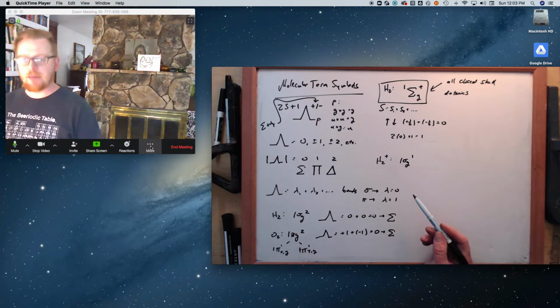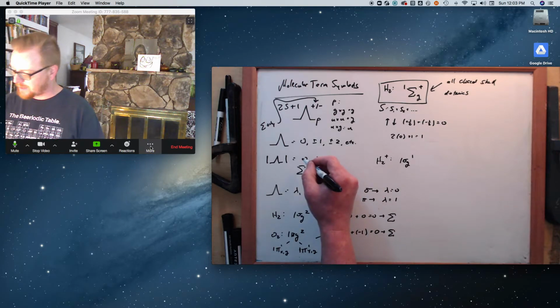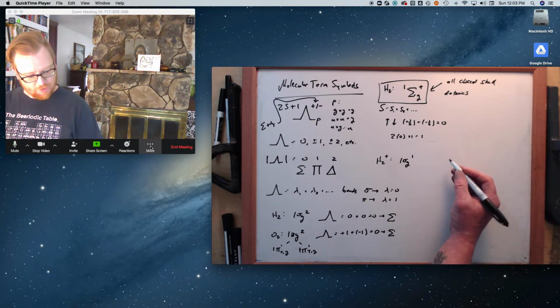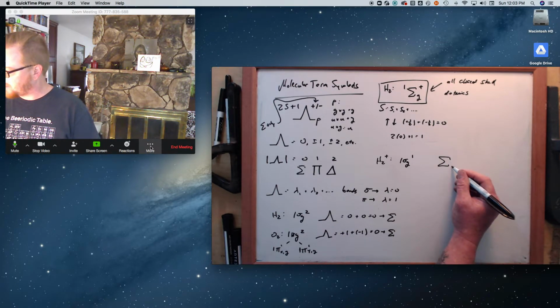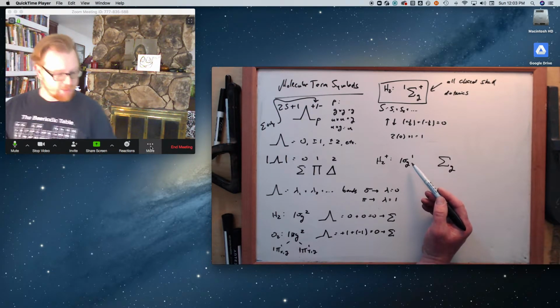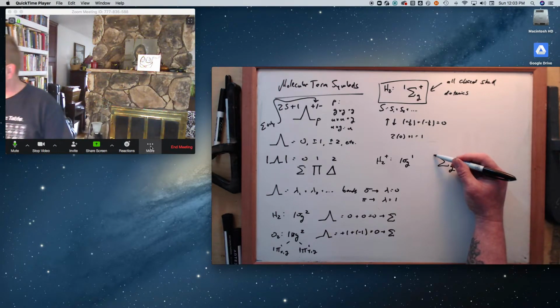So then that means that it's 1 sigma bond, so that's a lambda value of 0, which means that the main term is sigma. It's a G, and there's only one of them there, so it's got to be a G. Hopefully you recognize from atomic term symbols that it's got to be a doublet state because it's just one unpaired electron.